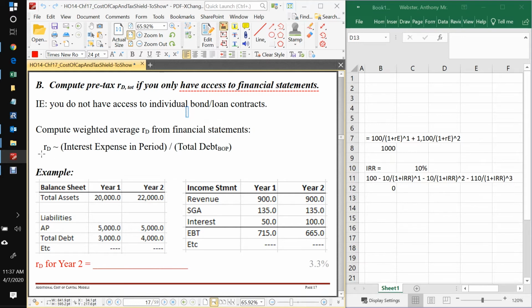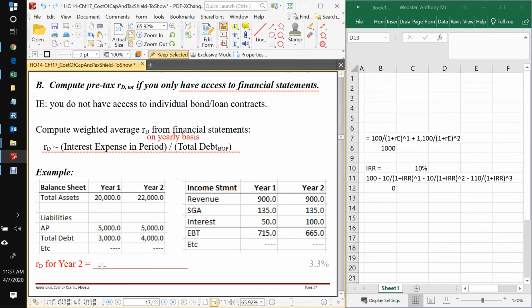Here's the way to do it. The weighted average cost of capital for the entity can come from the income statement and the balance sheet, and you want to do this on a yearly basis. I've got here a company's balance sheet from year 1 and year 2 and income statement from year 1 and year 2. Let's see if we can get their cost of capital.